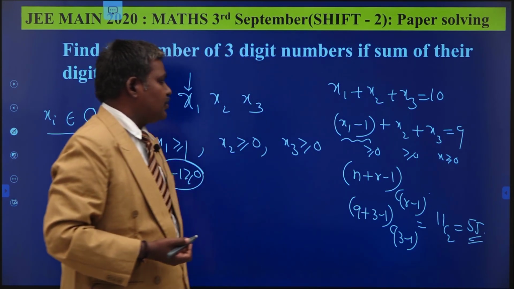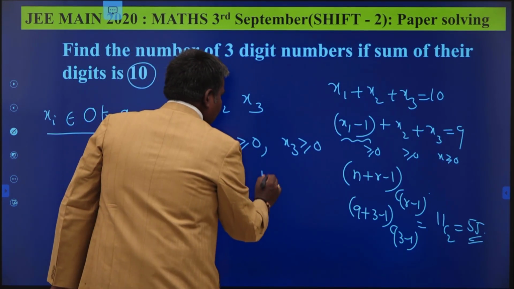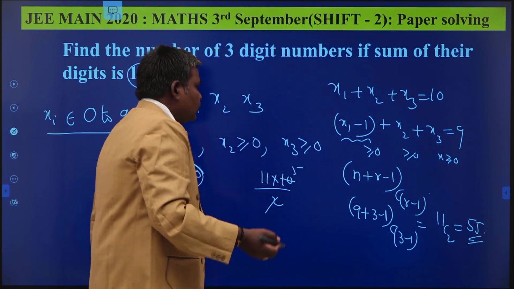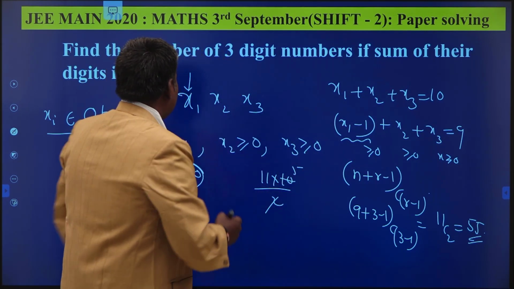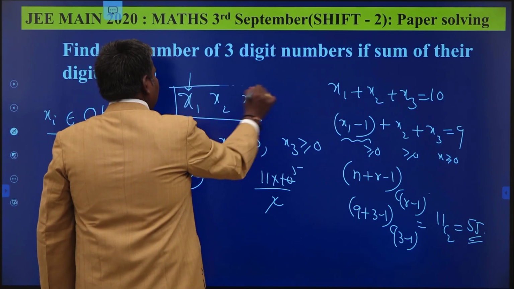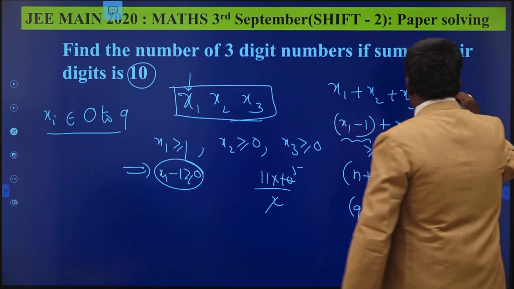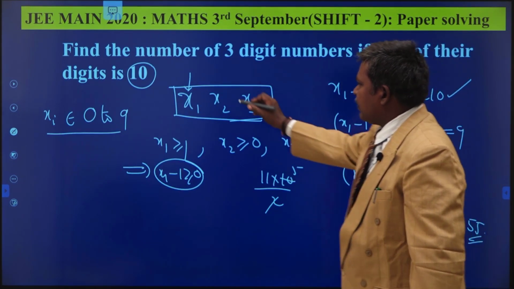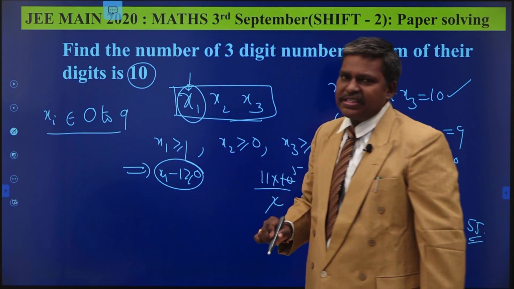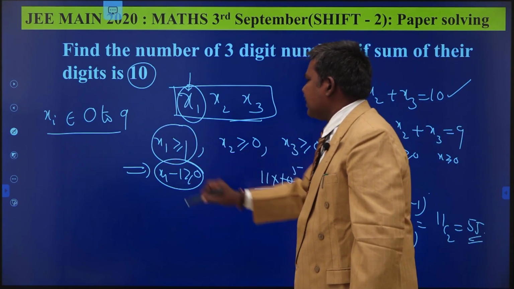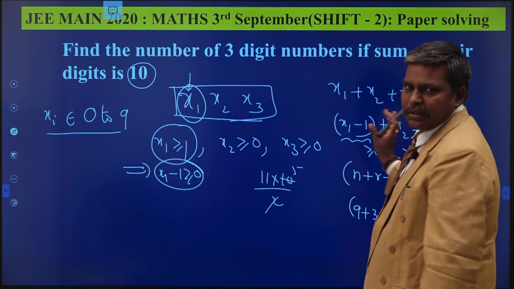So the number of solutions is 55 because 11 into 10 by 2 is 55. So x1, x2, x3 is a 3-digit number. This type of numbers are 55 when the sum of the digits is 10. So remember that the hundreds place is never 0. That is why we start from x1 greater than or equal to 1. This is the way.